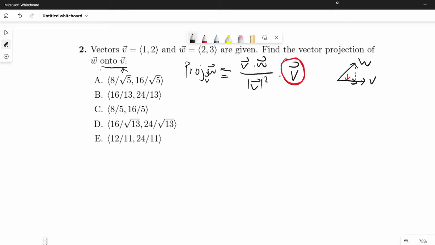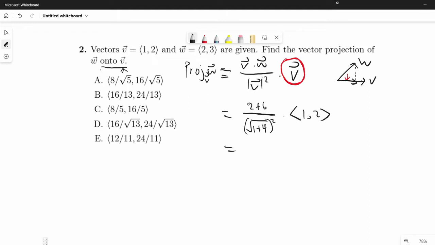So with that, let's proceed. The dot product would be 1 times 2 plus 2 times 3, which is 2 plus 6, over the root of v, which is 1 squared plus 2 squared, which is 5, all of that squared, times the vector v.